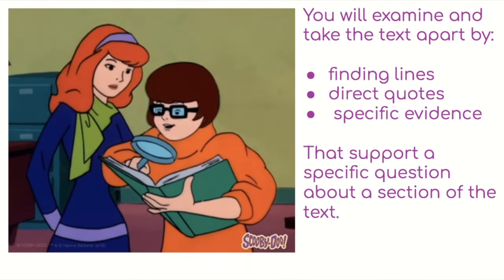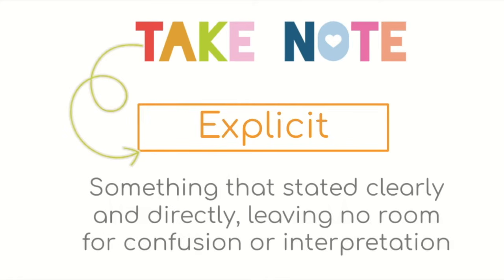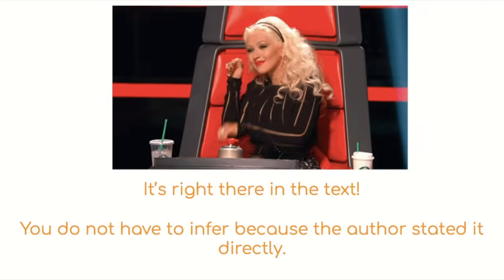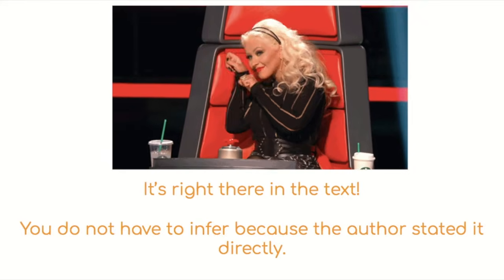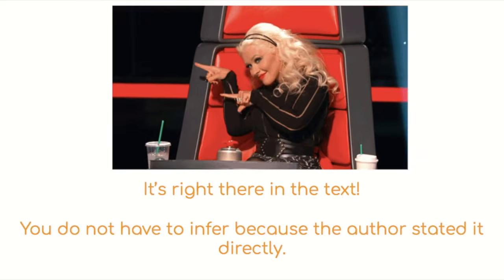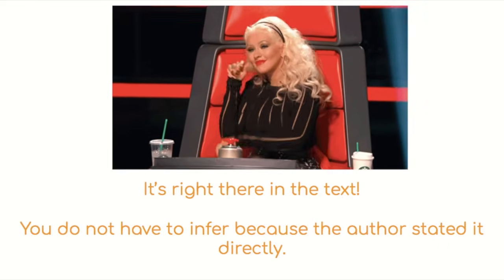You're examining the text. All right, next one, explicit. That means something that is stated clearly and directly. It leaves no room for confusion or interpretation. It's right there stuff. So it's like right there in the text. You do not have to infer because the author stated it directly. So for example, sometimes the author wants us to infer personalities of characters.